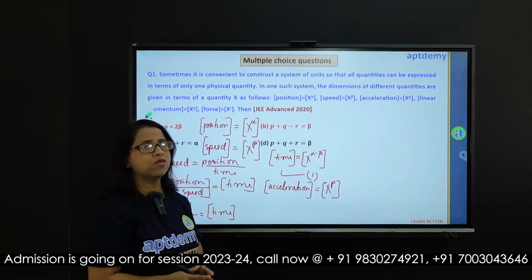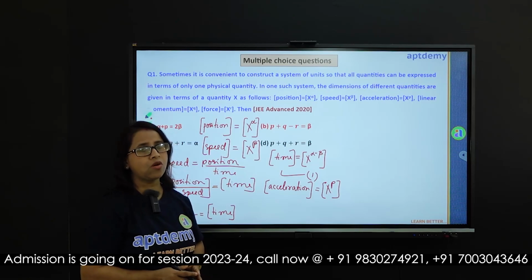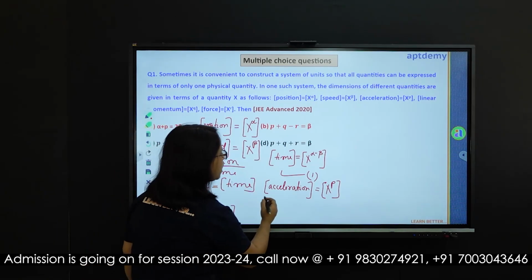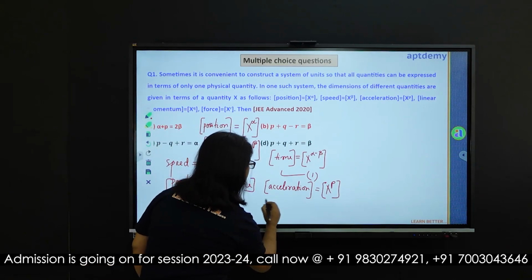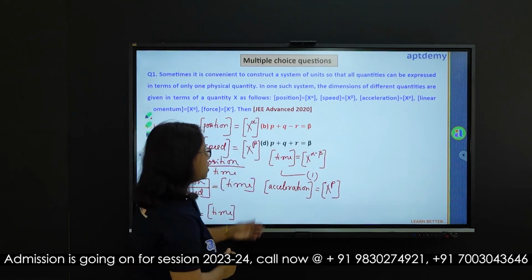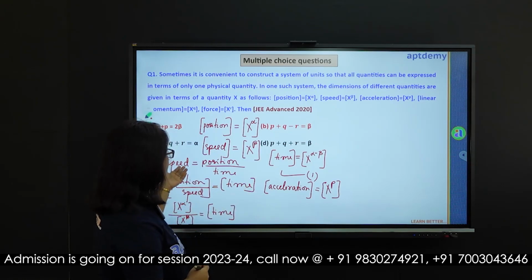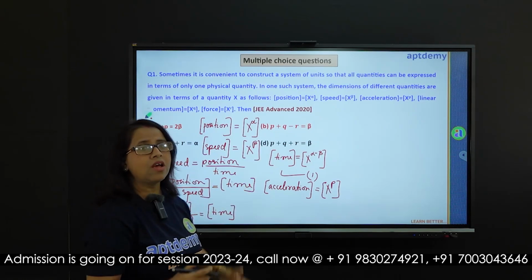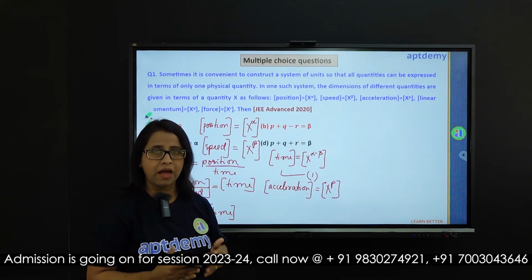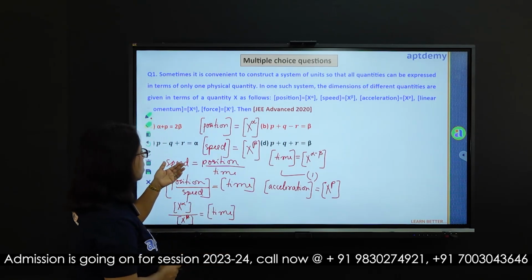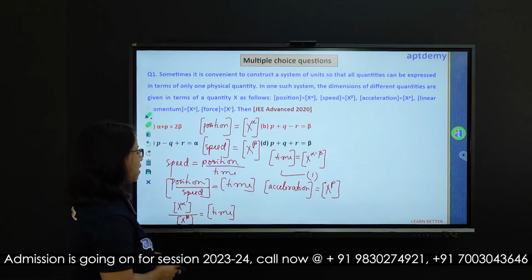So from here also we can get the dimensions of time. We may write acceleration, which is velocity per unit time, and velocity and speed may be regarded as equivalent as far as their magnitudes are concerned. So speed is nothing but position by time. So let's equate these and try to get the relation between them.